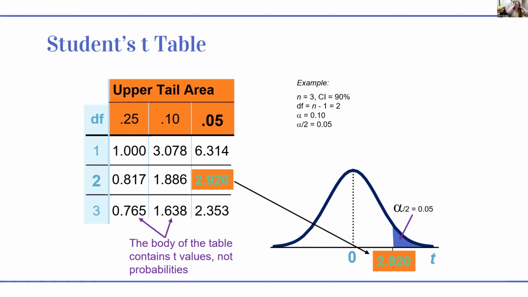So here's that example. We talked about there being three observations. So imagine you have three observations, n equals 3, doing a 90% confidence interval. So you're going to look up the score that you can use.